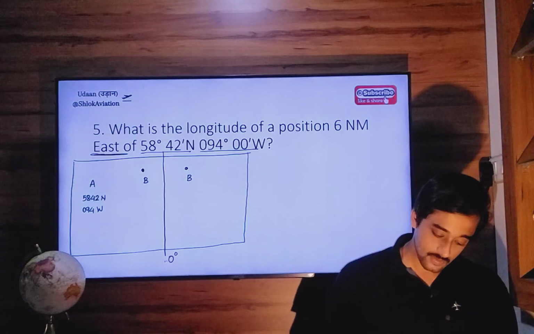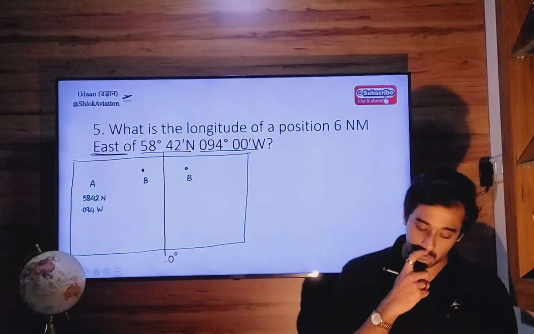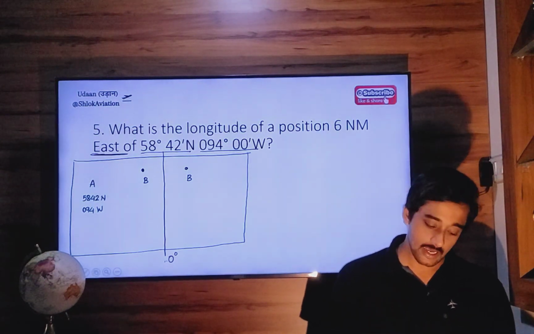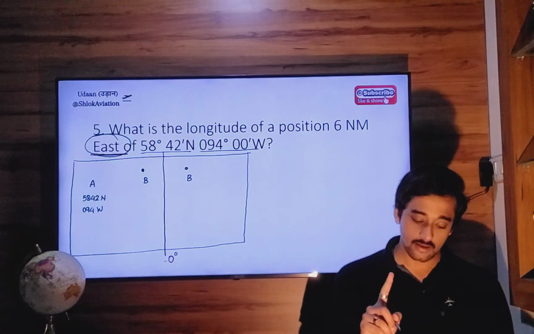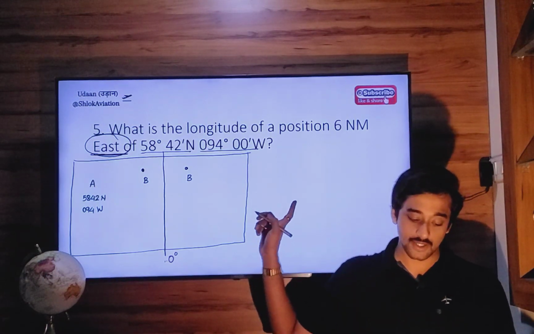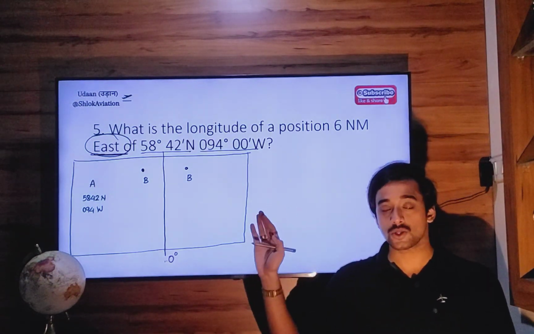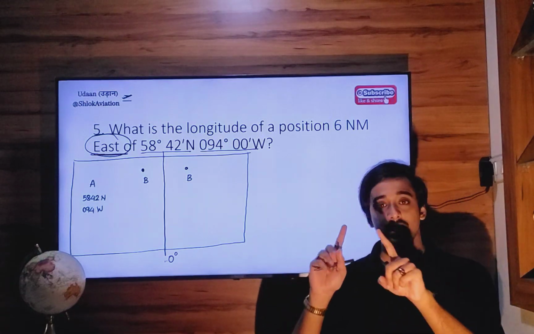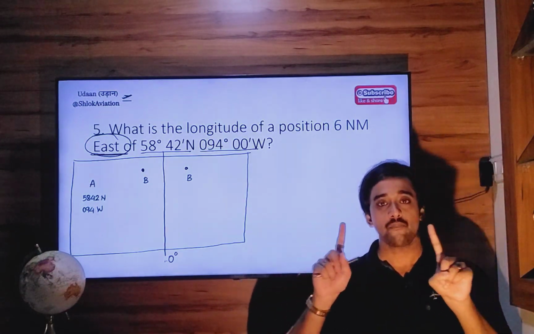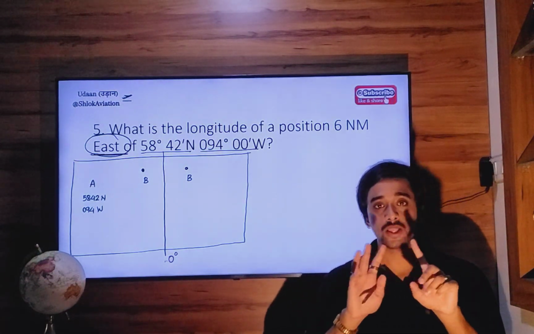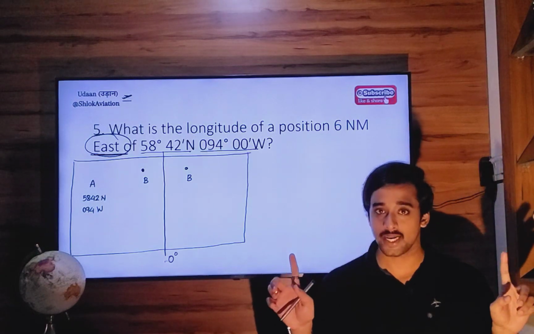So now both are at the same latitude. How do you come to know that? Since it's mentioned here that position Bravo is to the east of A, it's directly to the east of A, signifying both are located at the same latitude.